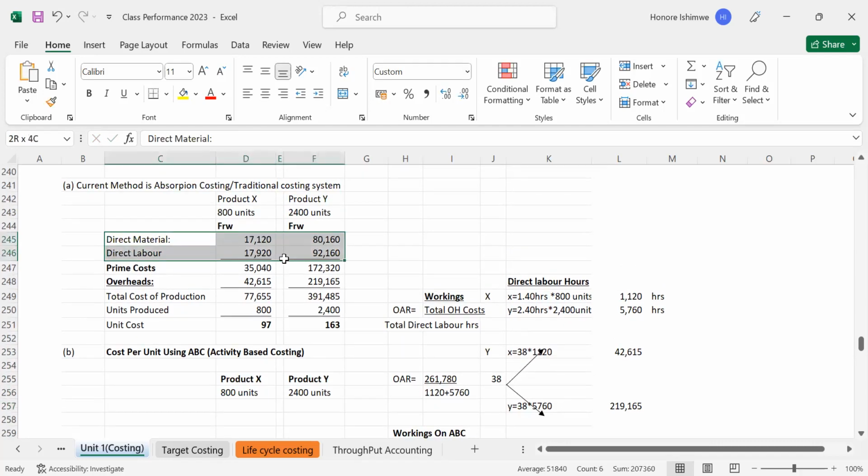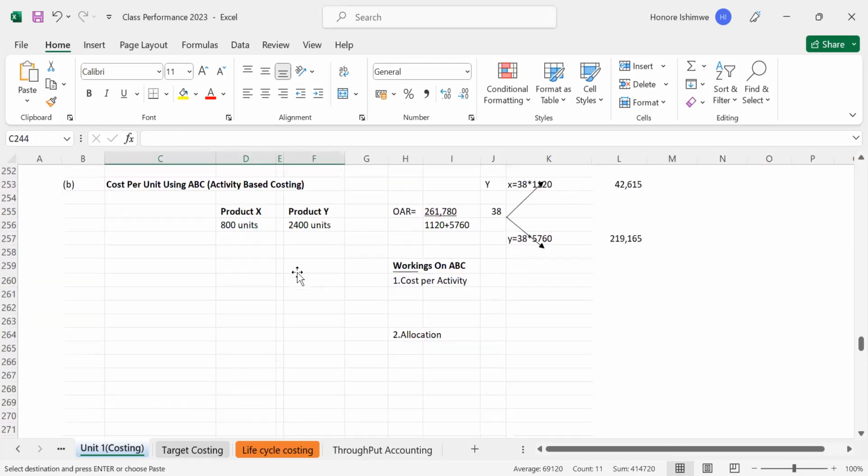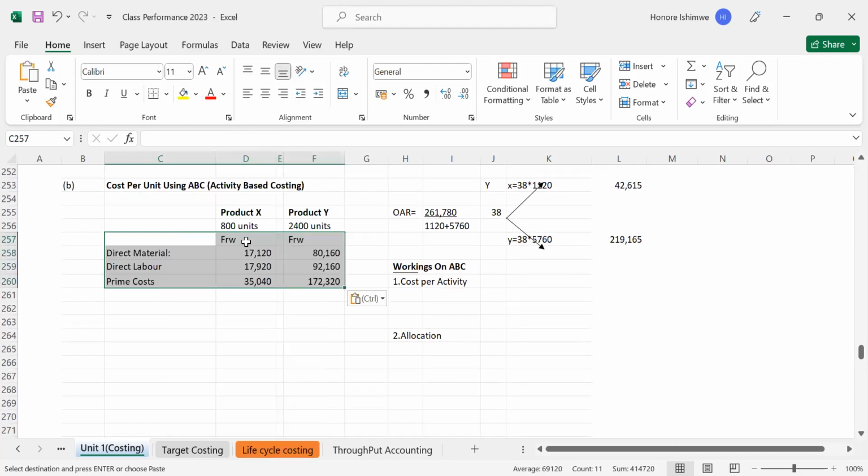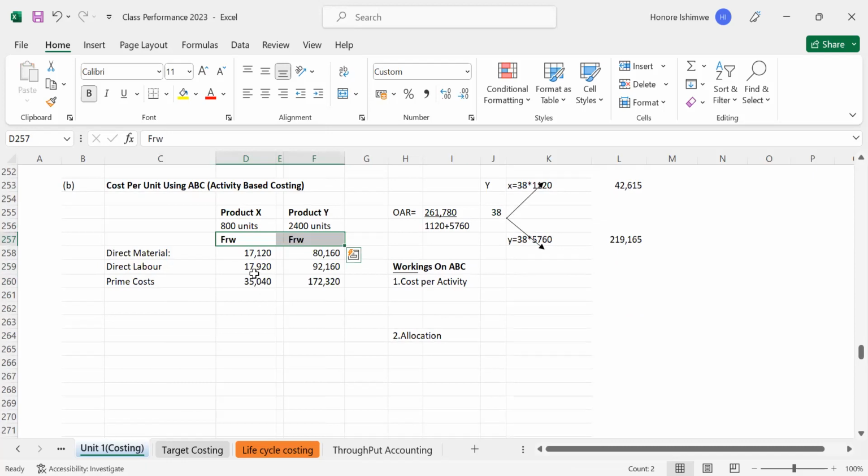It is the same whatever the unit, as long as the number of units we are going to produce does not change. But the way you allocate the overhead is going to be different. So you copy this to maximize your time, just as you would write it in the exam when computing absorption costing.